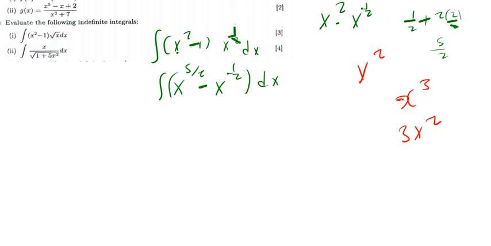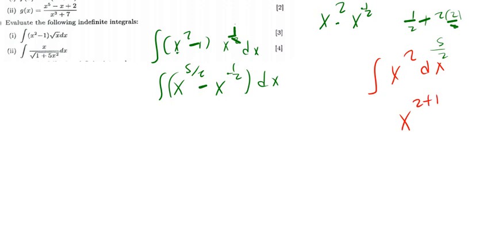But when you are integrating, maybe x to the power 2 dx, the power increases by 1, then you divide by the new power. So it's going to be x to the power 2 plus 1, divided by 2 plus 1, which is x to the power 3 divided by 3, then plus c.